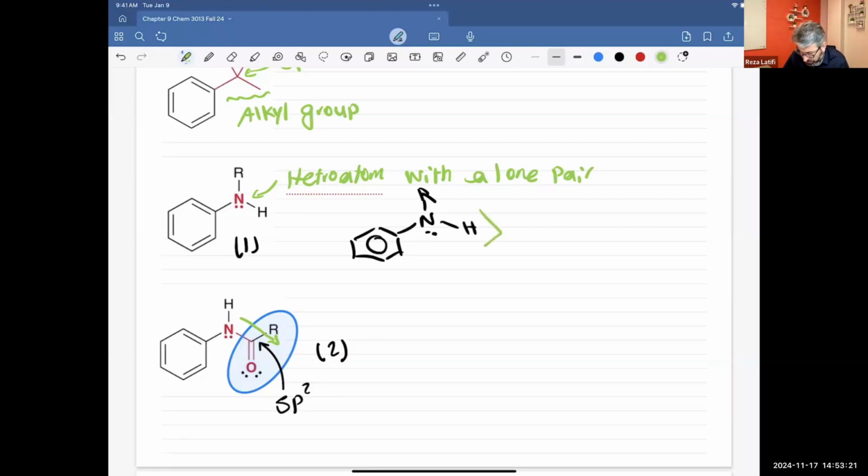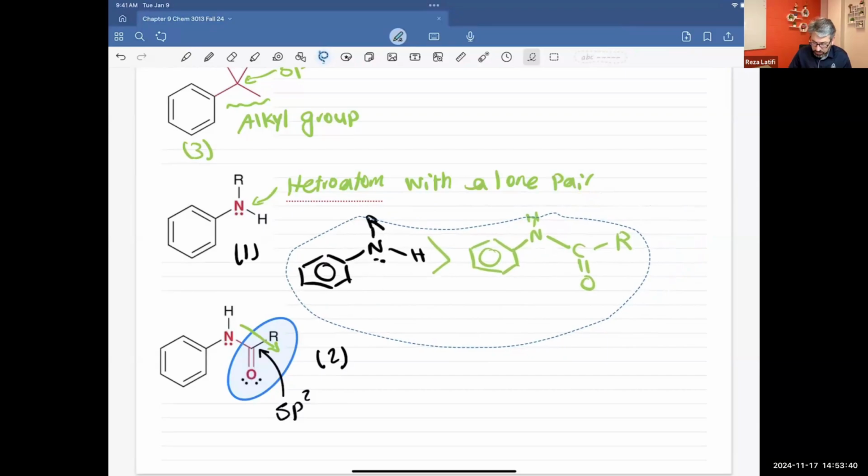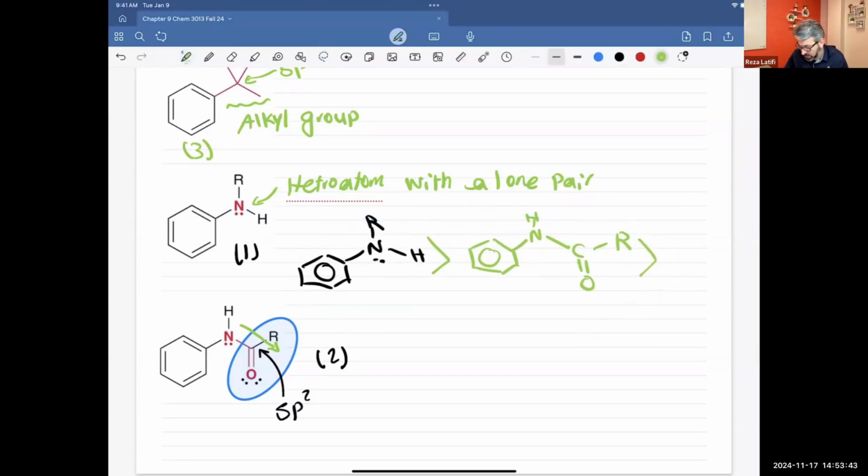So this one will be number 2, and that one will be number 3. And the last one will be the alkyl group. And that's the order for the strength.